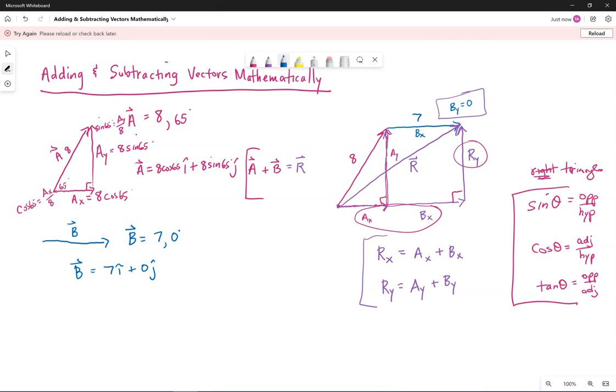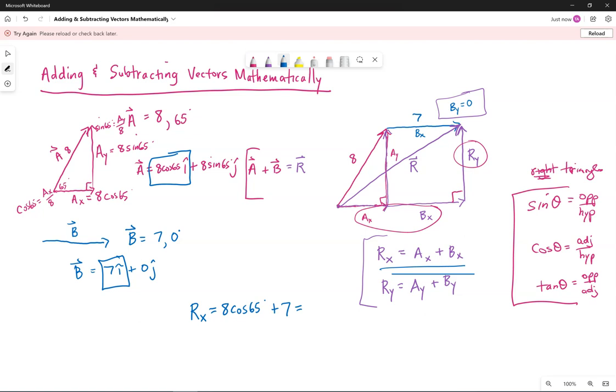Ultimately, what we're doing, as we showed over to the right here, to find the x component of the answer, the result of adding vector A and B together, we're going to take the x component of vector A, the x component of vector B, and add those together. So our answer's x component is going to be 8 cosine 65 plus 7.